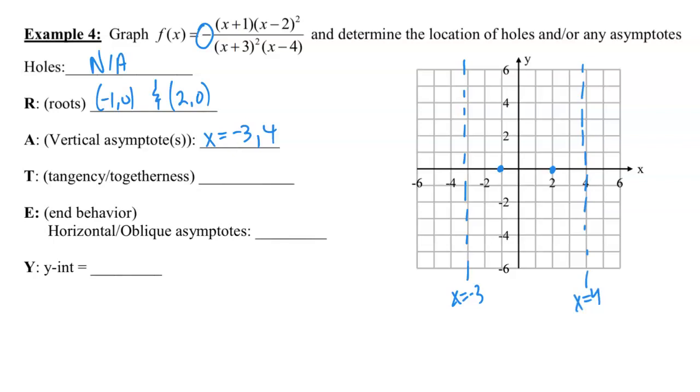Now, tangency and togetherness, and I use the word "and" there purposefully because we have both in this particular function. We have a square on the top on x minus 2. What that tells me is that at (2, 0), we are going to be tangent. We also have a square on x plus 3 in the bottom, and that's an asymptote. So at x equals -3, the graph is going to come together.